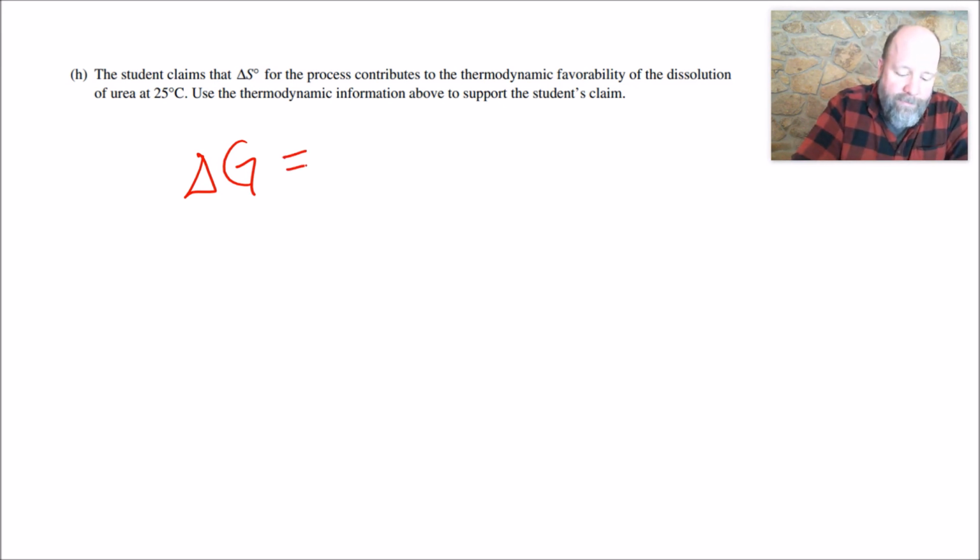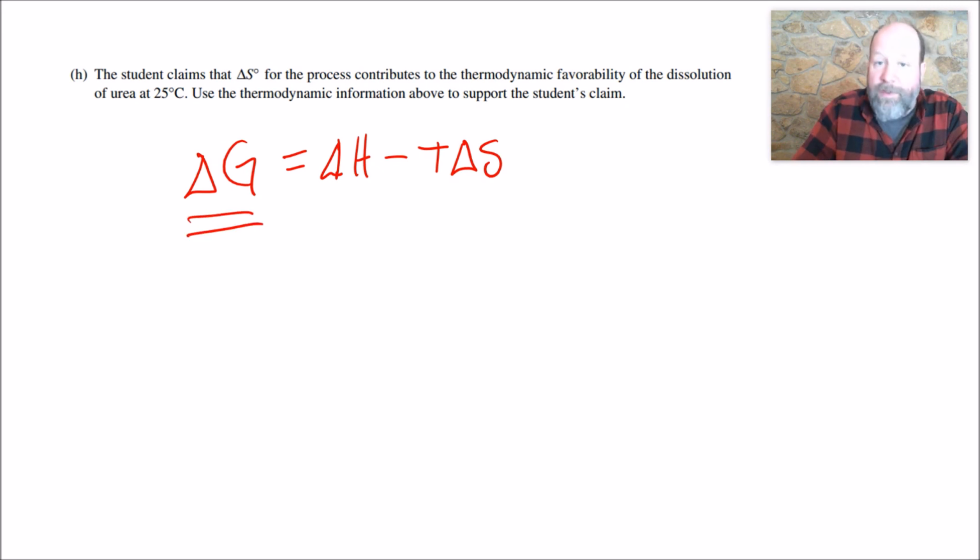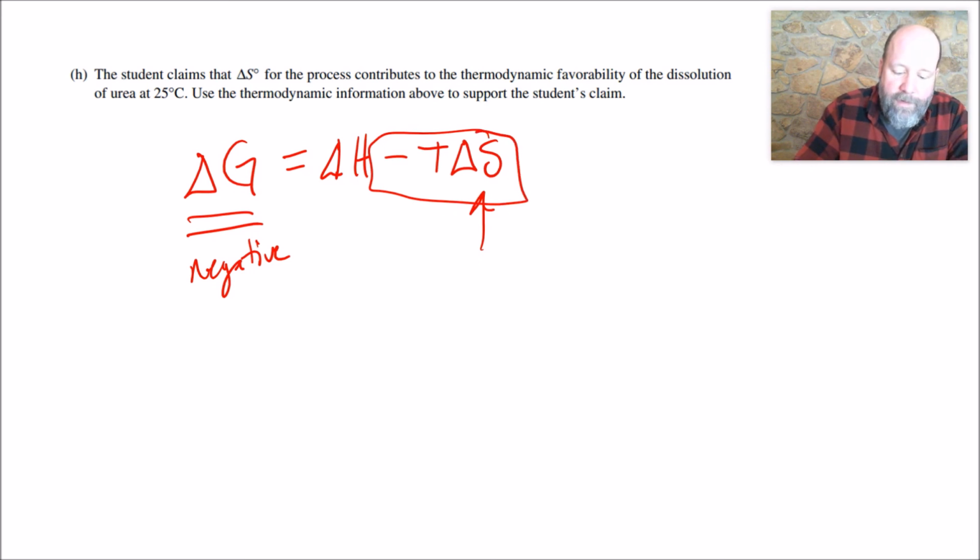And if you go back to the Gibbs free energy equation, delta H minus T delta S, to be a favorable reaction, delta G needs to be negative. In this case, we have a positive delta S, which means this factor altogether there is going to be a negative value, which decreases delta G, meaning it's more likely to be negative, meaning it's more likely to be spontaneous.